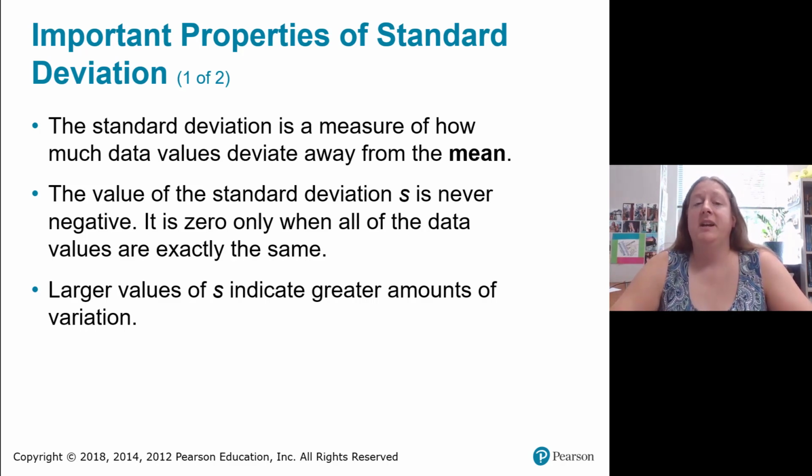And it's only 0 if all of the data values are exactly the same, so they all equal the mean, and so when we do all of that subtraction, we get a whole bunch of zeros to do the rest of everything with. Also, if we have larger values for our standard deviation, that means that our data is spread further apart, away from our mean.